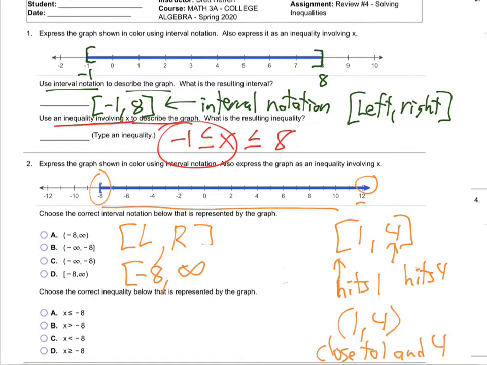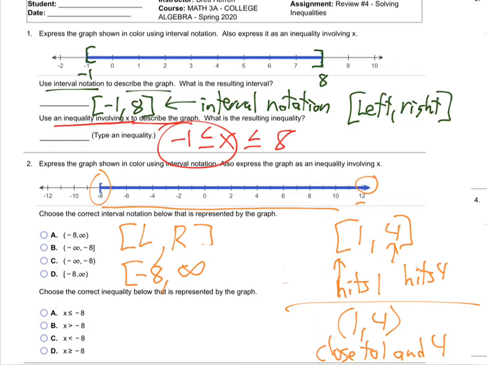Meaning it's all the numbers between 1 and 4, but not quite touching the 1, not quite touching the 4. It's around them. That's how I think of it. When you have a parenthesis and it's a rounded edge, it means it's around. When it gets close to 1, it's like 1.0000001. You know, it's really close to 1, but not quite 1 right on the money. And it gets close to 4, 3.999999, but not quite 4 right on the money. That's what a parenthesis means.